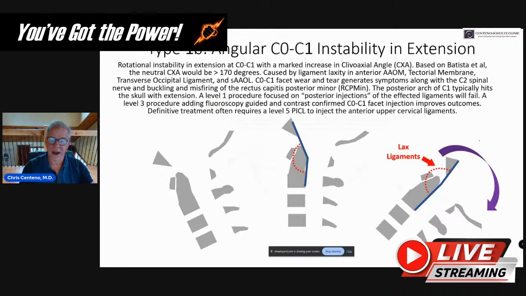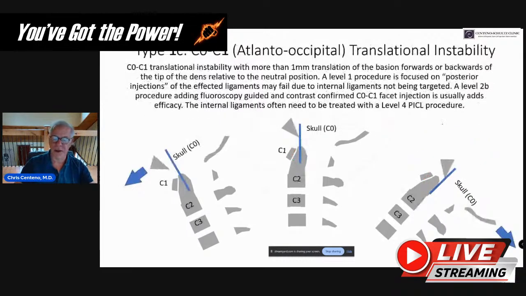Another component of that, right, would be, again, if we draw where that ligament goes, it's going to also control skull sliding. So this type 1C is when the skull slides on the atlas.